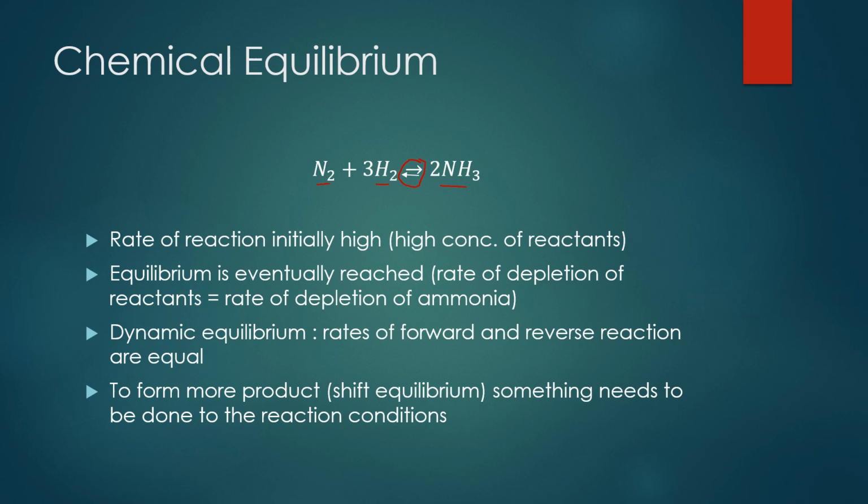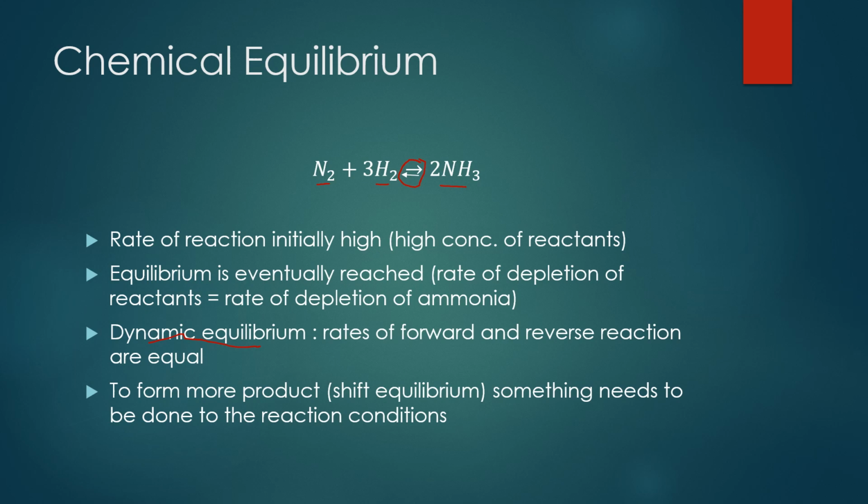But it gets to the point where the system is in dynamic equilibrium, meaning the rates of the forward and reverse reactions are equal. Those nitrogen and hydrogen molecules, the reactants, are combining to form ammonia at the same rate that ammonia is dissociating, meaning breaking apart, and forming back into the reactants, nitrogen and hydrogen gas. So the rate of depletion of reactants is equal to the rate of depletion of ammonia.